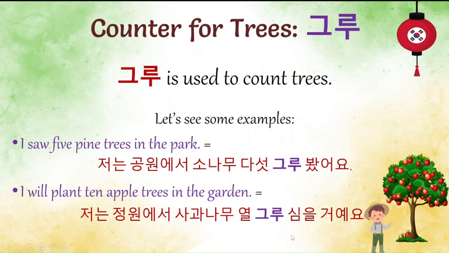And to plant is 심다. In future tense, 심을 거예요. Now you have to say 10 apple trees. 사과나무 10그루. 사과나무 is apple tree, 10 is 열, and the counter for counting trees is 그루. So it becomes 사과나무 10그루. Okay? Remember the counter word, remember the format for using it, and you can frame the sentence very easily.